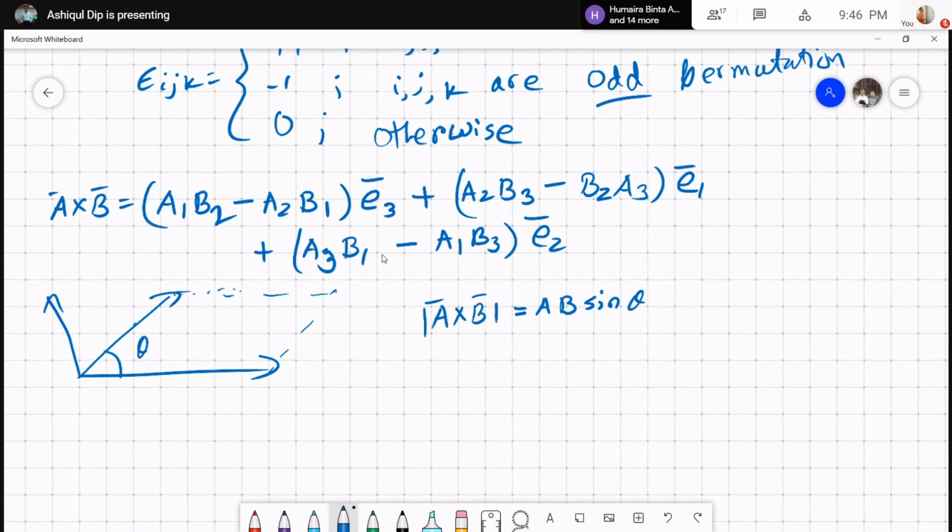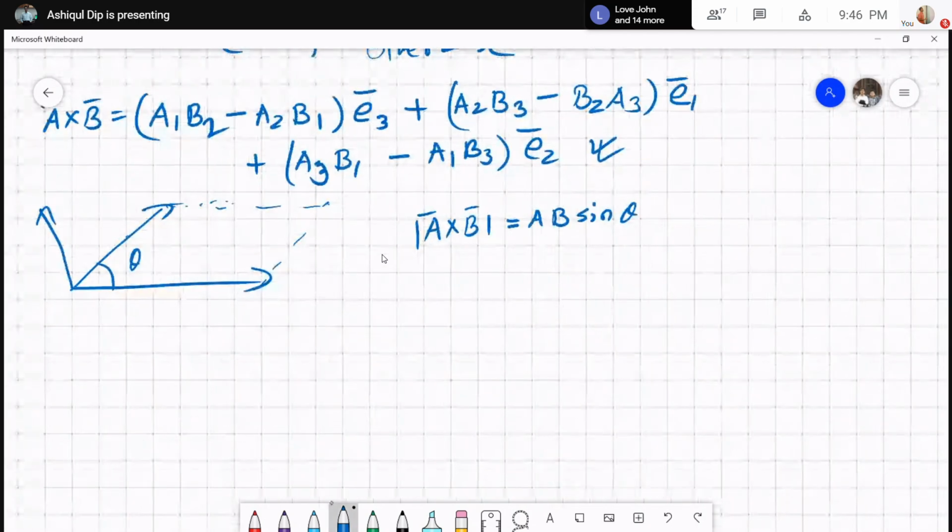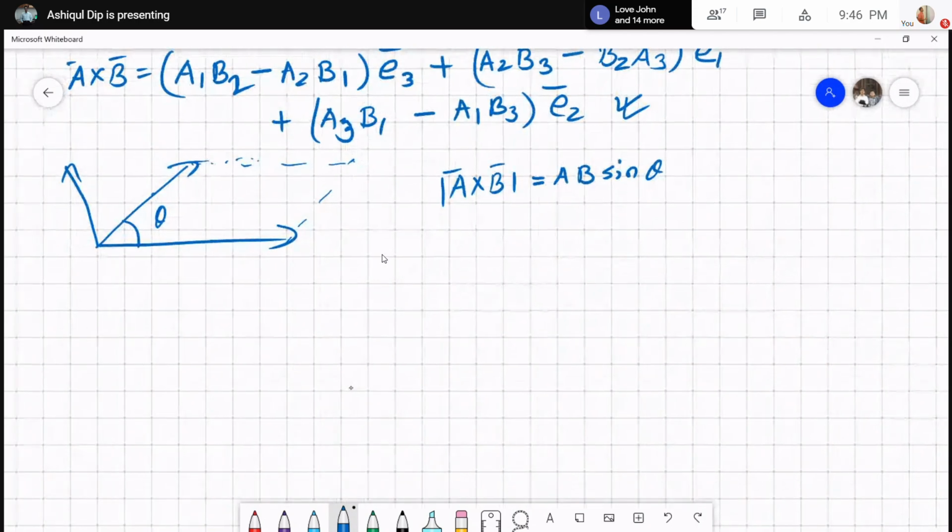So let's convince ourselves that this definition known from childhood is actually the same as this one, provided that epsilon is defined like this. It's a little bit hard to see, but let's just look for one component.